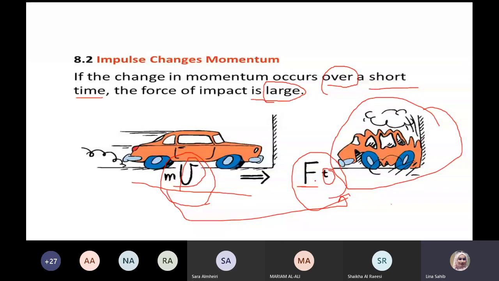If I need to reduce the force, I increase time and reduce force. But in this case, no. The time taken was short and the force was big. If I need 100, I should make force 2 and time 50. But here, the time is 2 and the force is 50. Okay?